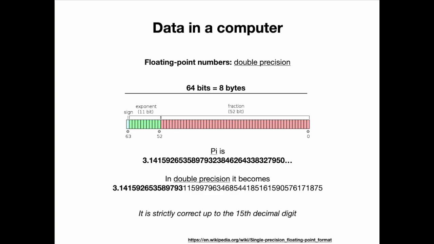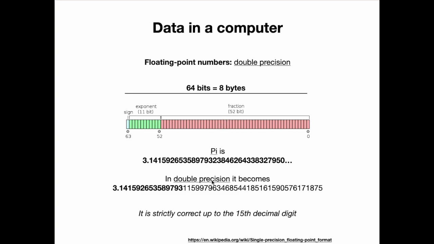Another type, which we will use, is the double precision floating point number. In double precision, 64 bits will be used. So that's the equivalent of 8 bytes. Again, 1 bit for the sign, 11 bits for the exponent, and 52 bits for the fraction.